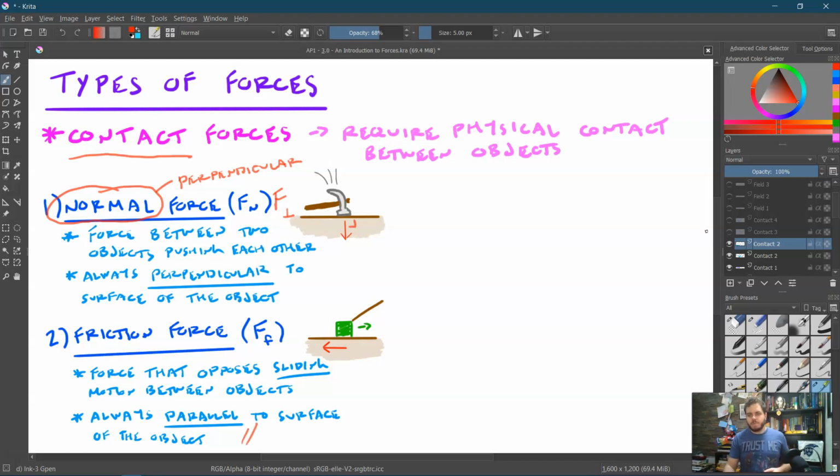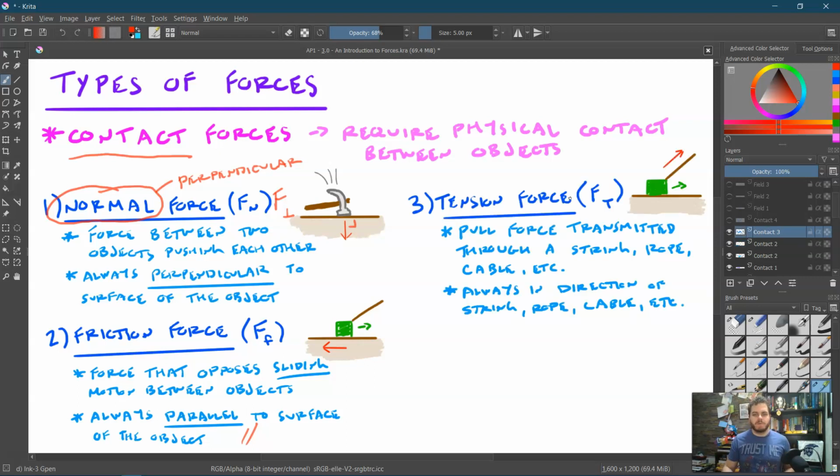The next one is what is known as the tension force, which we abbreviate F with a subscript of capital T. Now this is the pull force, but it has to be transmitted through a string, a rope, a cable, etc. So for instance, looking at this block, if this is your hand, pulling this block in this direction, you're not really applying a force to the block directly.